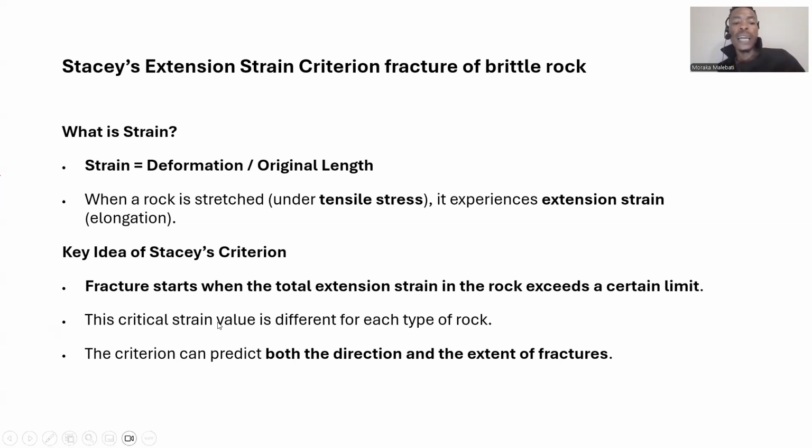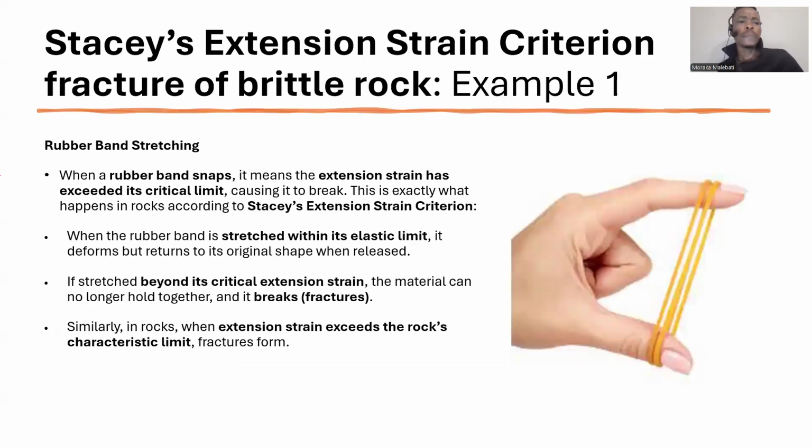This critical strain value is different for each type of rock. Granite won't be the same as sandstone, and it won't be the same as mudrock or shale. The criterion can predict both the direction and the extent of fracture, that is, where the fracture would start and in which direction it goes.